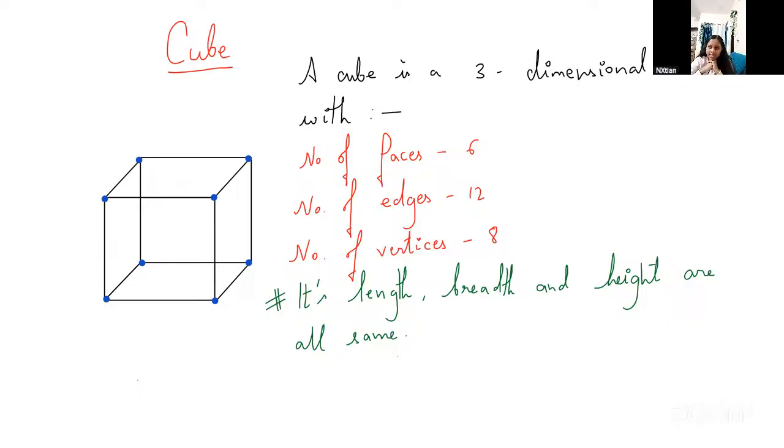Tomorrow, we will see what is the major difference between a cube and a cuboid. Hope you are making the diagrams also. Yes, ma'am.